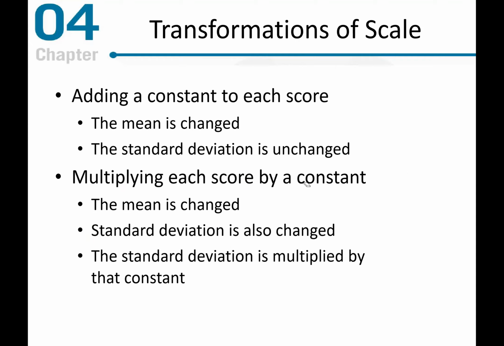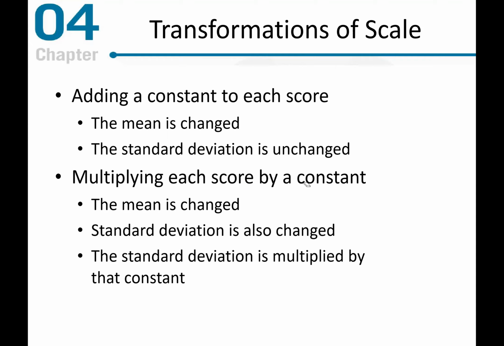Just like with the mean, we also have transformations of scale for the standard deviation. If we add a constant to each score, remember, a constant is something that we apply to each of the scores, then, as you remember from the previous chapter, the mean is going to change.